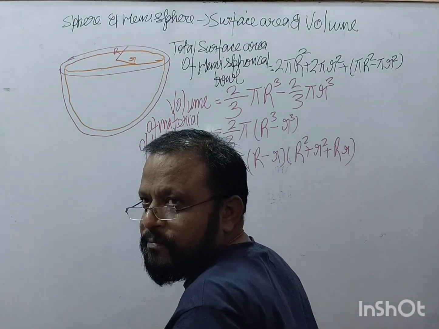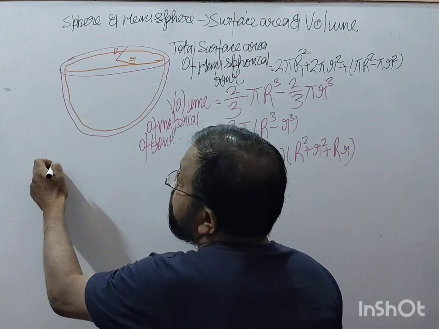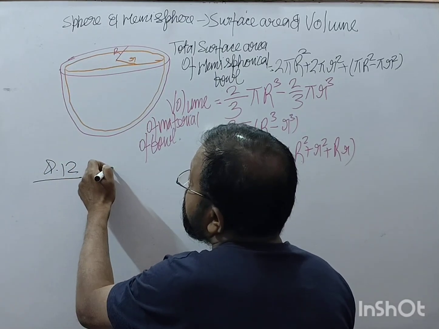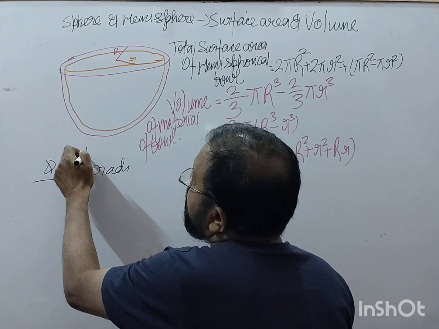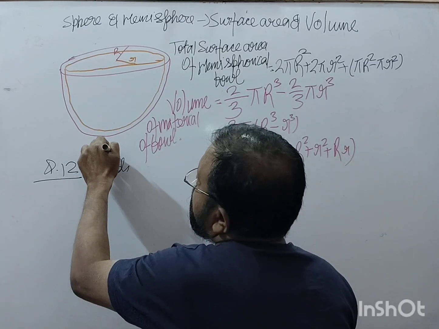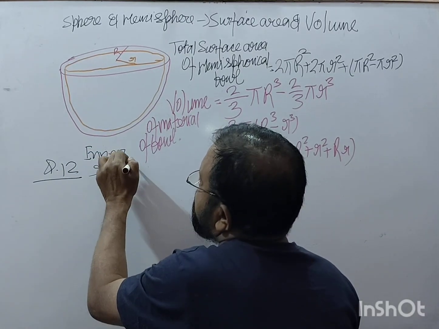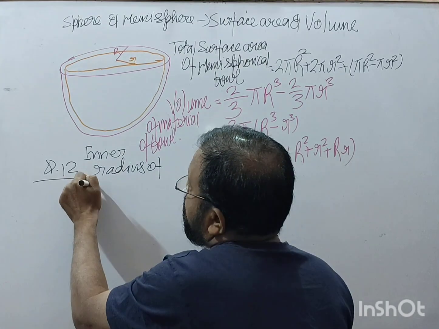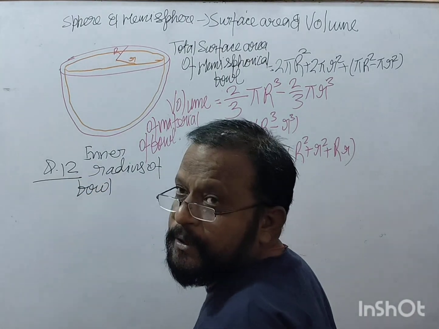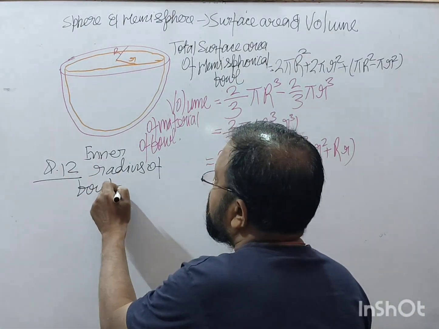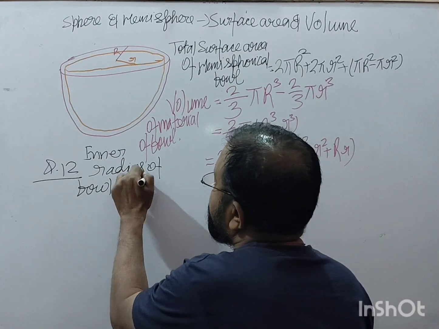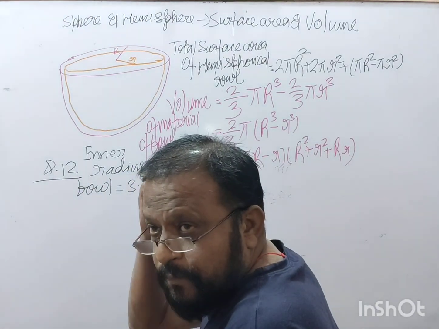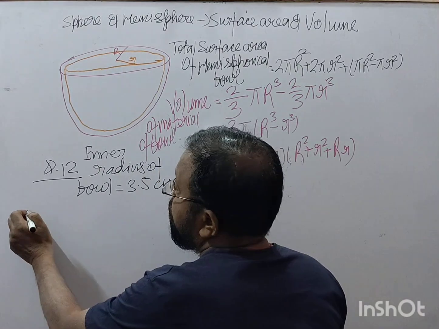Question number 12. Inner radius of bowl. Bowl is how much? 3.5 centimeter. Right. What we have to do now? What would be the volume of water it would contain?